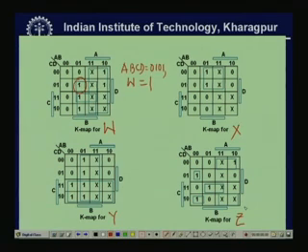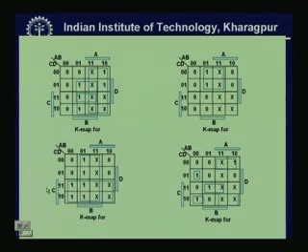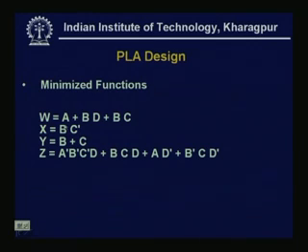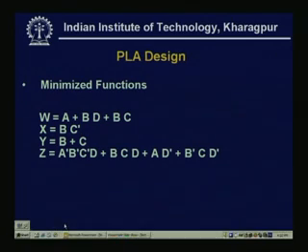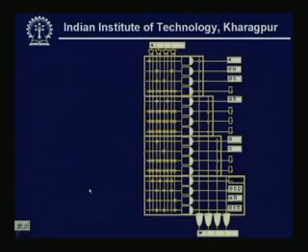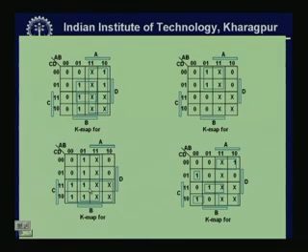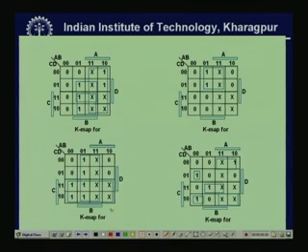Now, if we minimize the functions, we get the solution: W is A plus BD plus BC, X is BC dash, Y is B plus C. For the K map for Y, we are given here a quad.